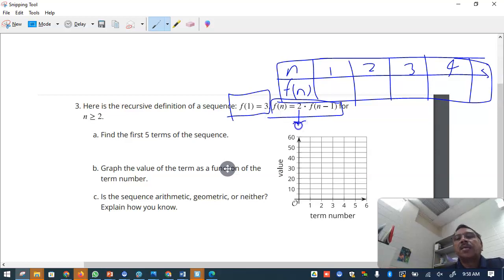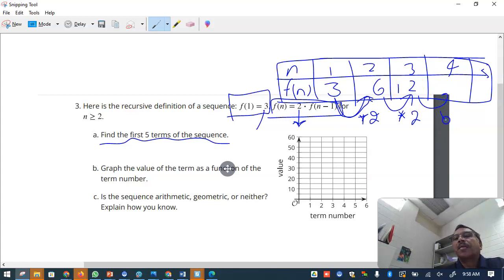There's a growth factor which is multiplied each time. The first number is 3, and then you multiply by 2. First find the first 5 terms. 3 times 2 is 6, times 2 is 12, one more time times 2 is 24, and 48.